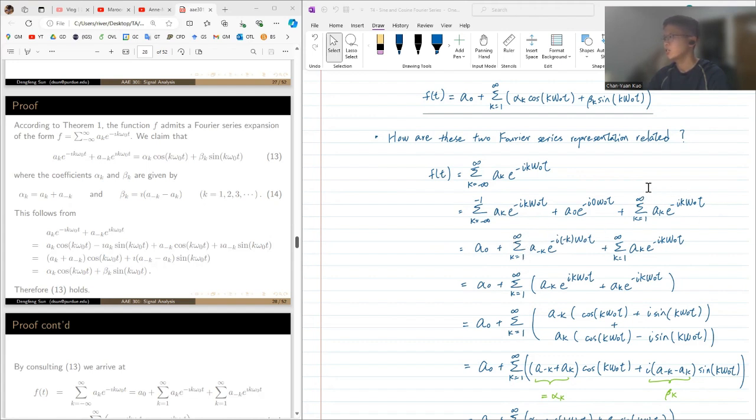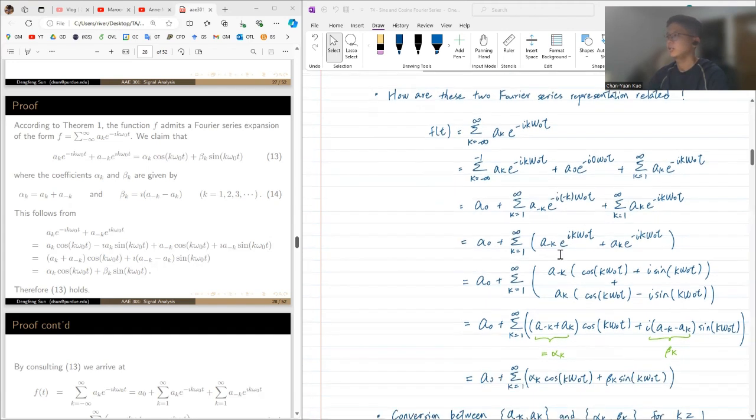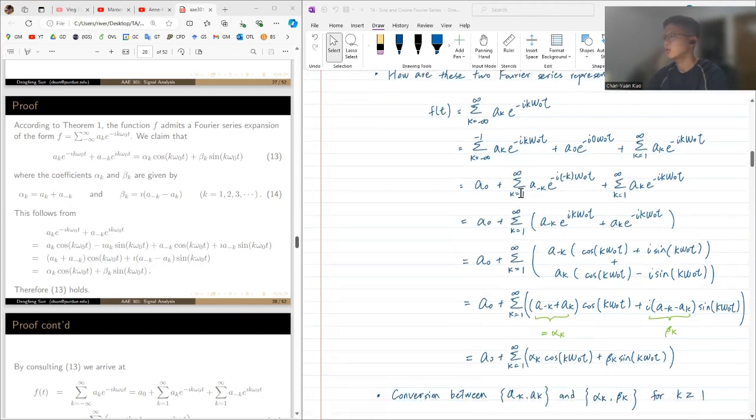For the last summation, associated with the positive k, we don't do anything to it. We just move it down to here. Now that these two summations are both about positive k's, we can combine them, and we see that here we have a negative k times e to the i k omega naught t plus a_k times e to the negative i k omega naught t.